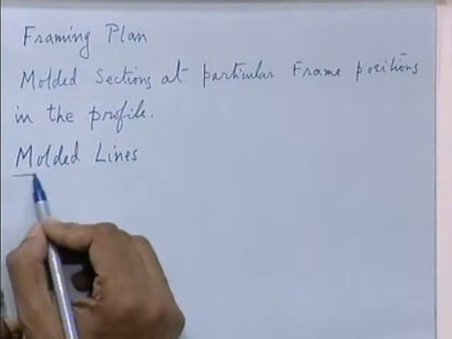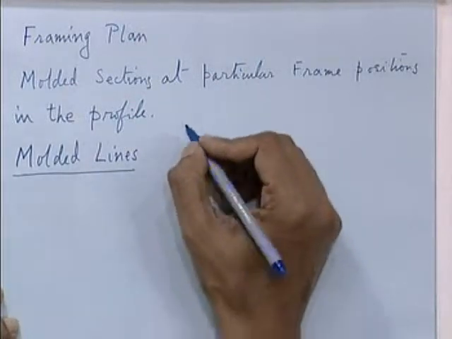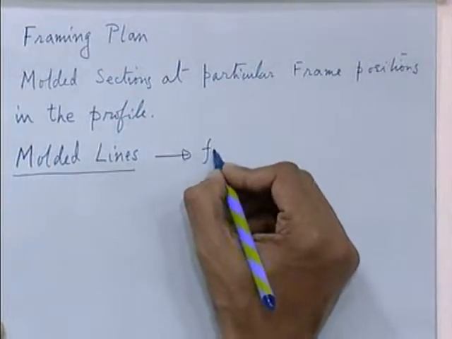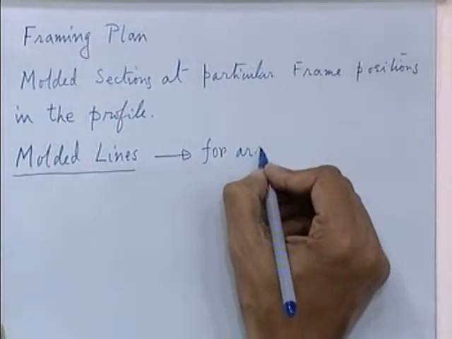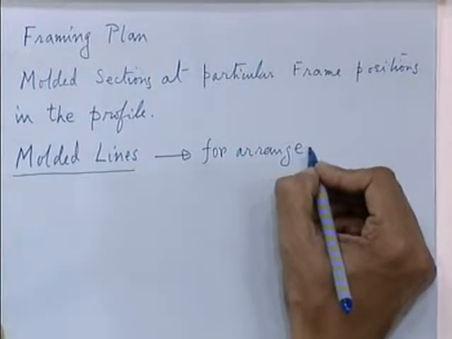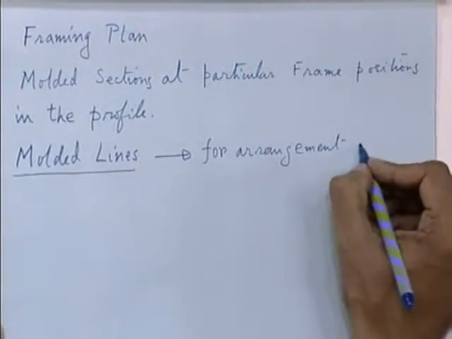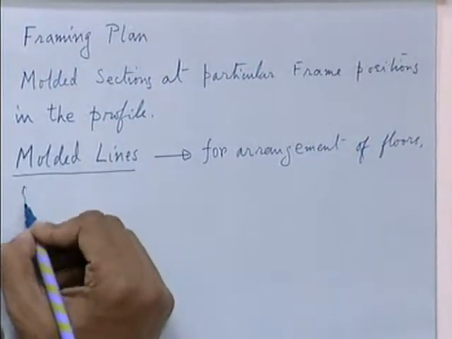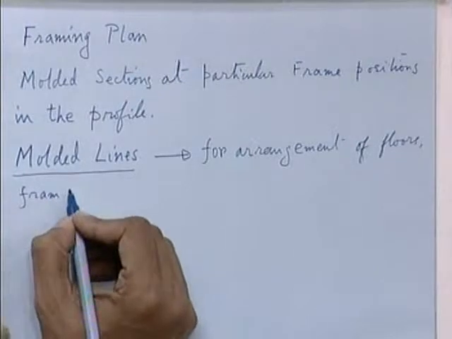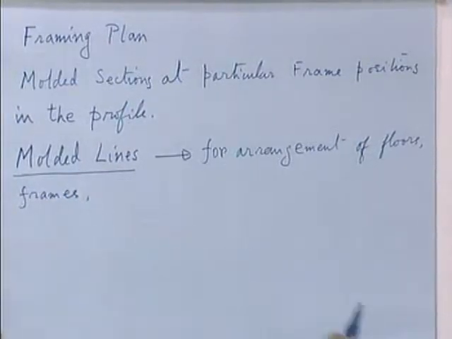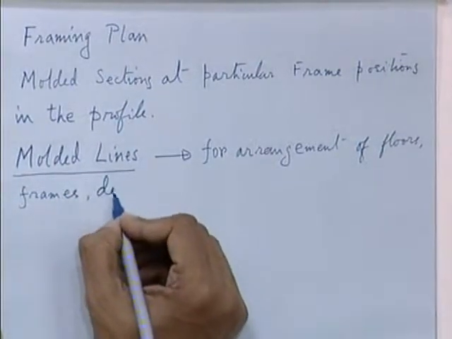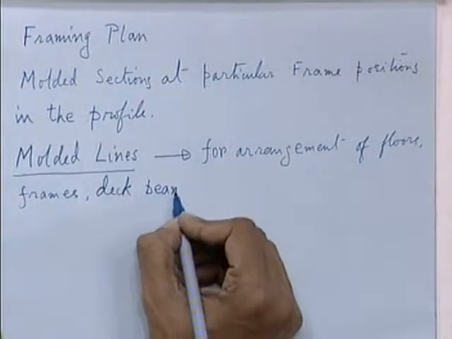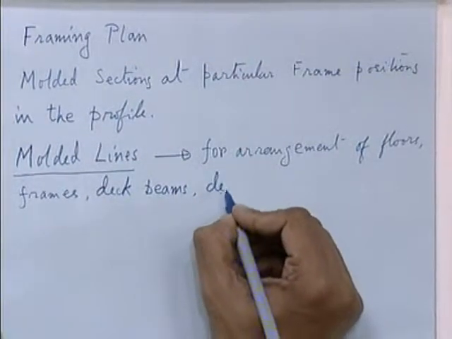Now molded lines are very important for the arrangement of floors, then frames, deck beams, deck girders.